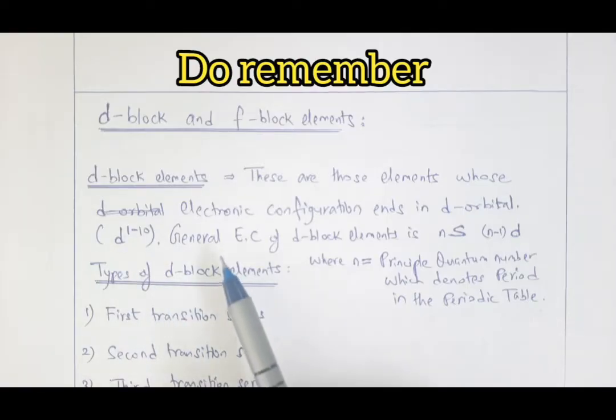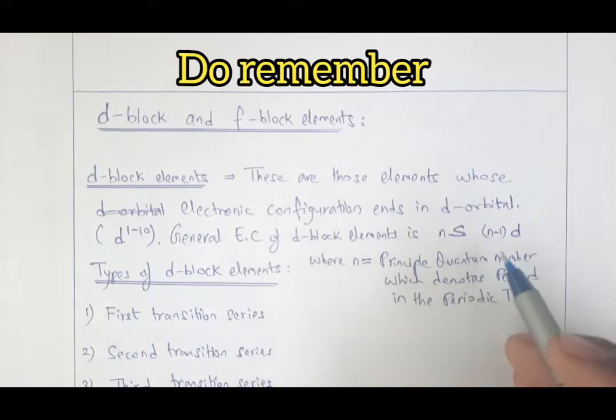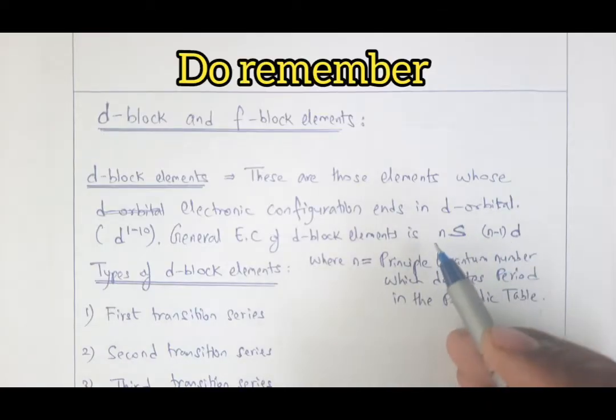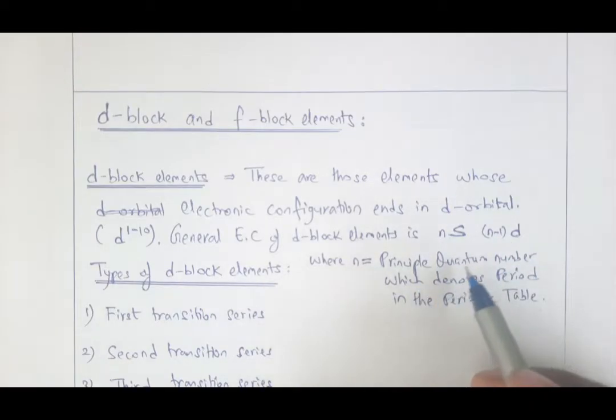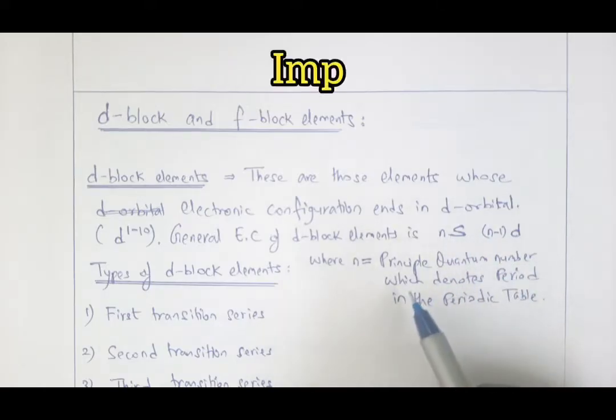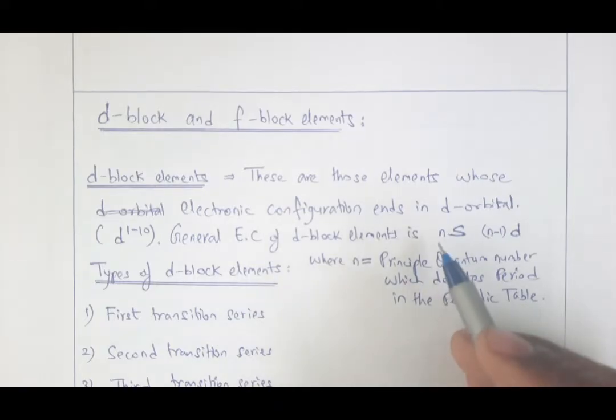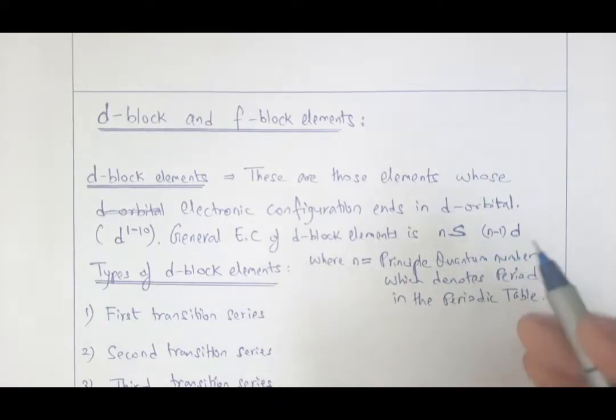Now you need to remember the general electronic configuration of D block elements. EC means electronic configuration. The general electronic configuration of D block element is, you have to write like this: ns, (n-1)d. N stands for principal quantum number. This small n indicates the principal quantum number, which actually denotes the period in the periodic table. So how to write? ns, (n-1)d.